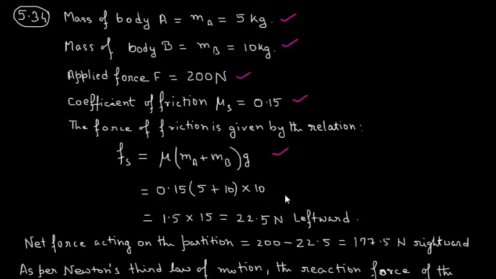Putting the values of mu, ma, mb and g, we get 0.15 bracket 5 plus 10 into 10. Upon solving, we get 1.5 into 15, that is 22.5 Newton leftward. Net force acting on the partition is equal to 200 minus 22.5, that is 177.5 Newton rightward.